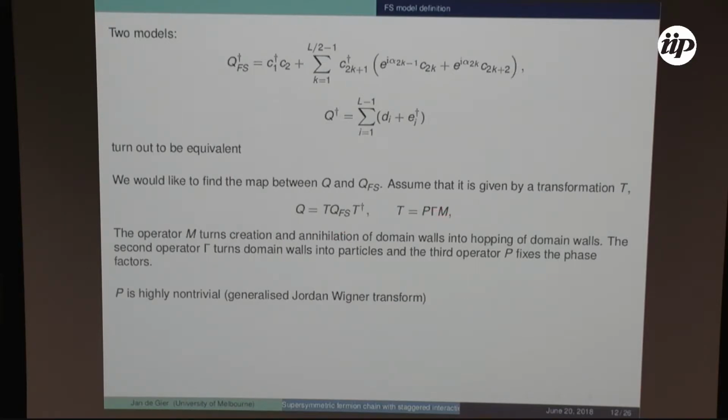I will show them on the next slide. M turns creation and annihilation of domain walls into hopping of domain walls, and the second operator gamma turns domain walls into particles. And then after that, we have to adjust the phases. To get these phases here, we have to insert them through this T operator. So M and gamma are relatively straightforward, just a change of notation, if you like, while P is more complicated, and it has to adjust these phases.